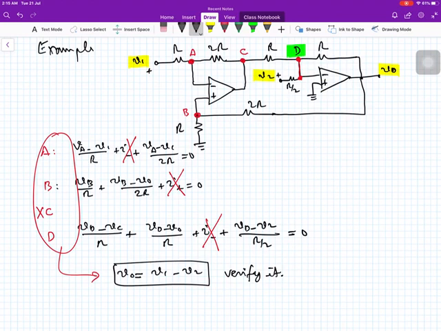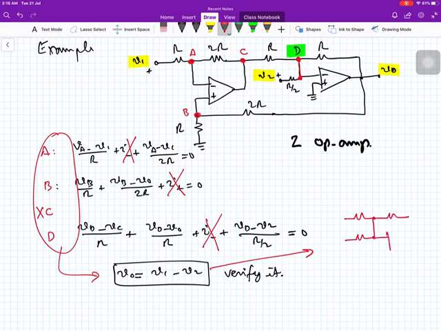So we have done it using two operational amplifiers. While this equation can be implemented using one operational amplifier as well. We have a resistance, another resistance, and just another resistance, and this is an inverting summing amplifier.